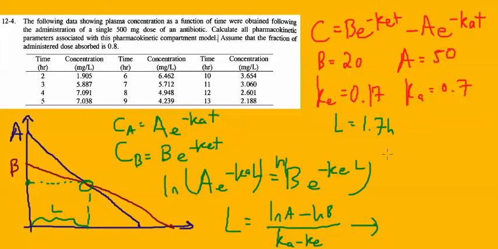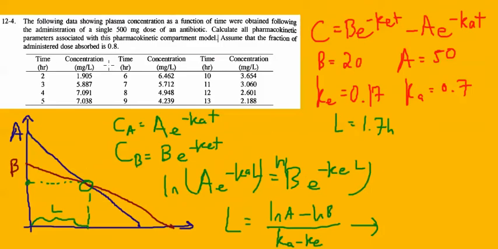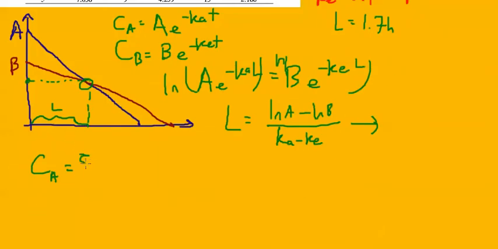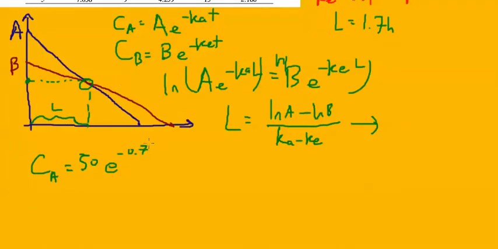So if it's 1.7 hours, we can find what the C is. At what C does it intersect? And it's pretty easy to do that. So all you do is CA is equal to A, which we got was 50, e to the negative Ka, which is 0.7, times L, which is 1.7. Sorry for scrolling up and down.